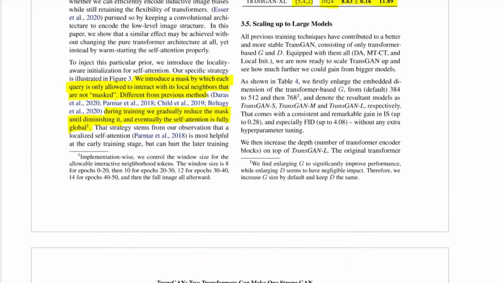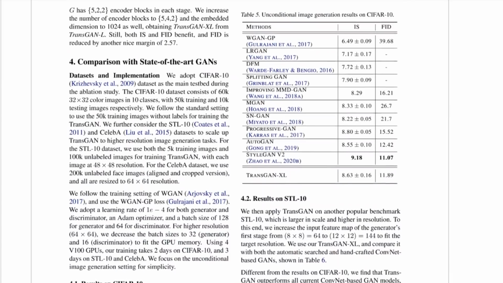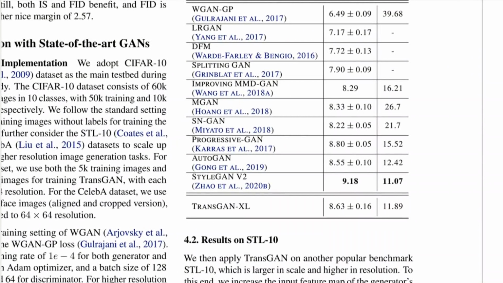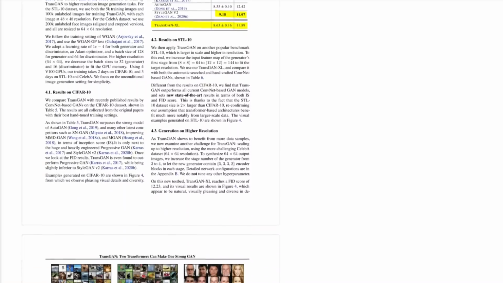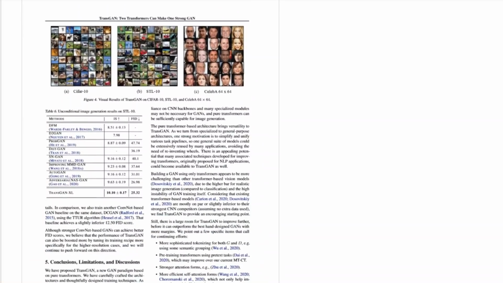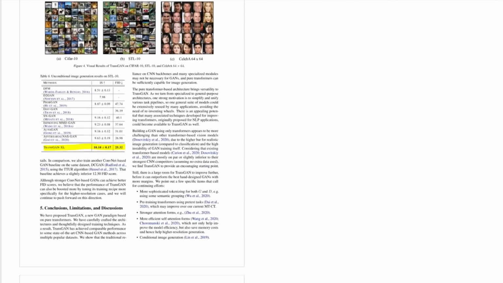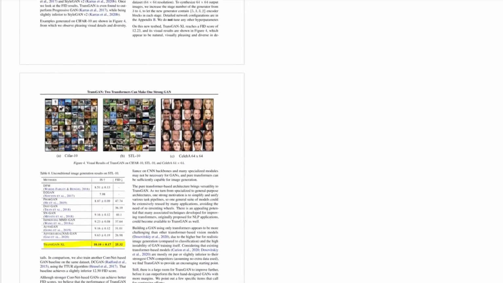So their TransGAN XL model, as you can see here, for example, on CIFAR10, they do reach very competitive scores, beaten only by StyleGAN V2. They also reach very good or state-of-the-art scores on other datasets. Here on STL10, they are the best. Yeah. So it's cool.